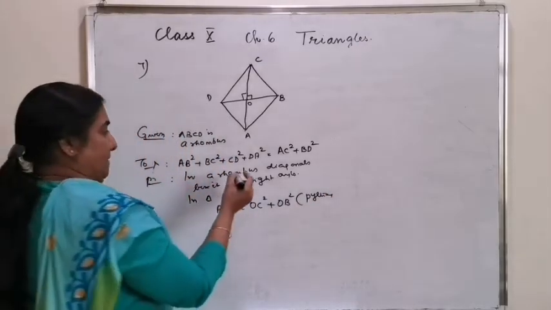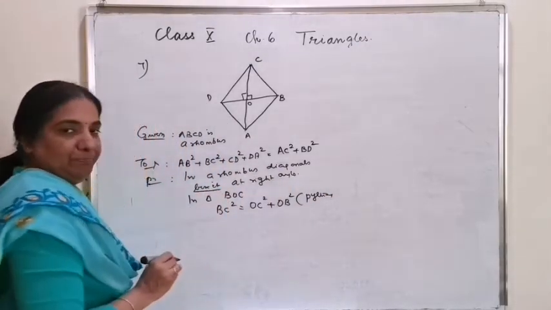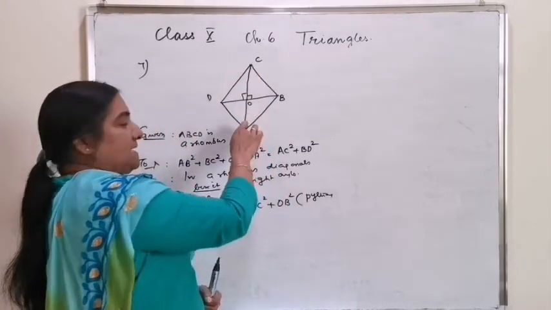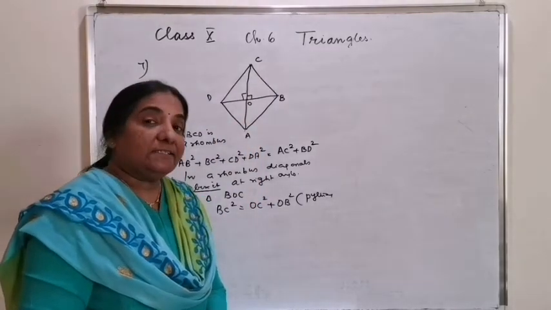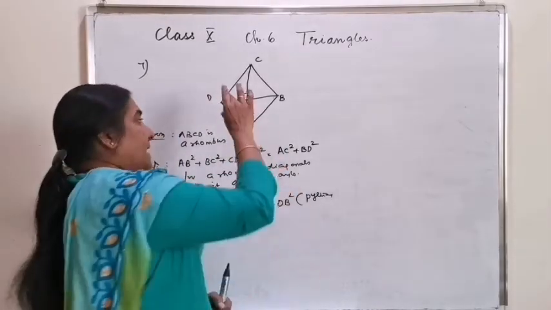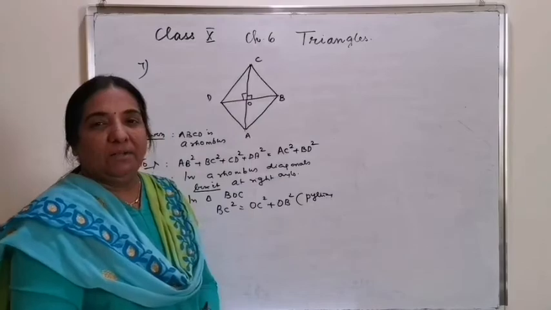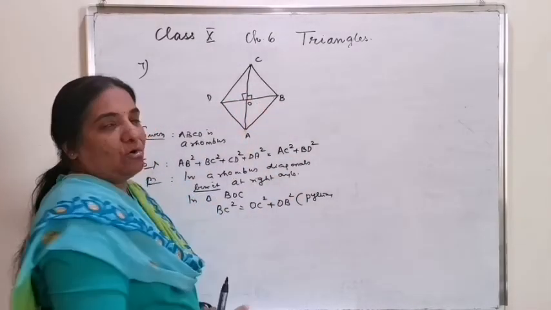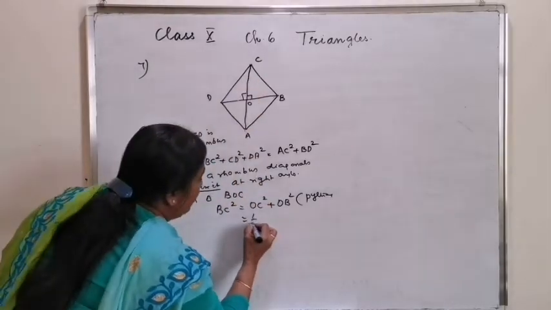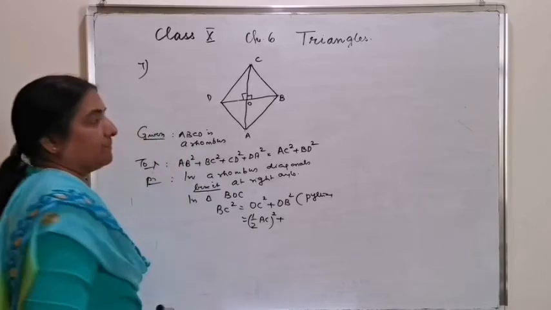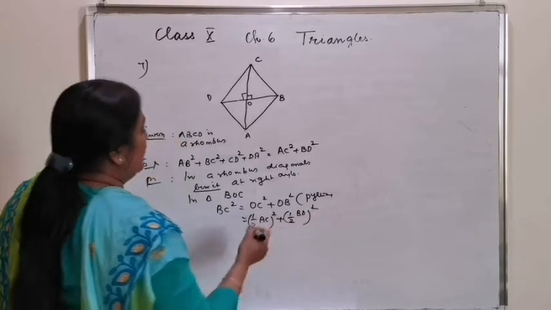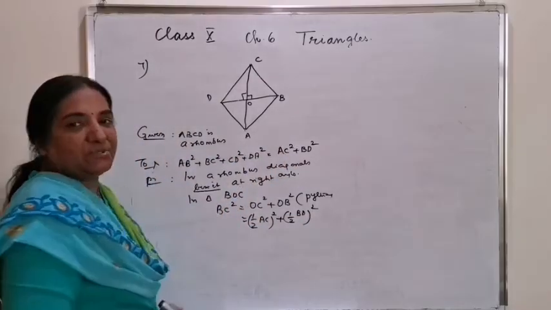Now, the diagonals bisect. What is the meaning of the word bisect is the full length AC is cut into two equal parts at the point O, or AO and OC are equal, BO and OD are also equal, which proves that OC is half of the total length AC and OB is half of the total length BD, because we need AC square and BD square in the proof.